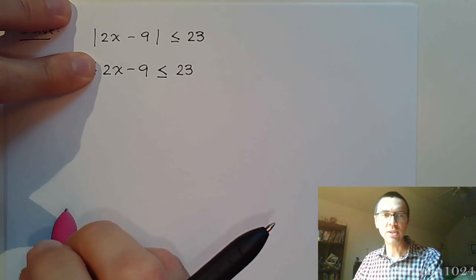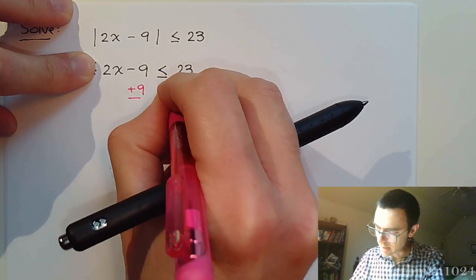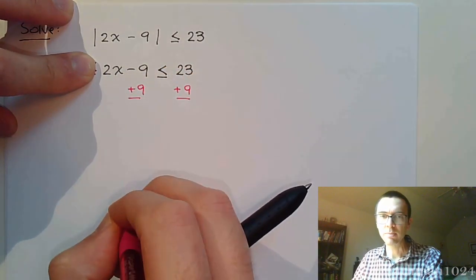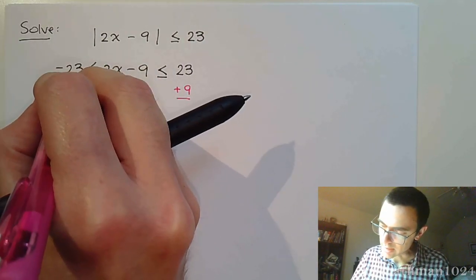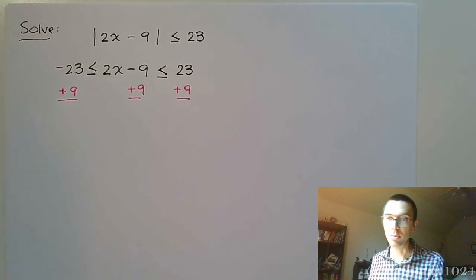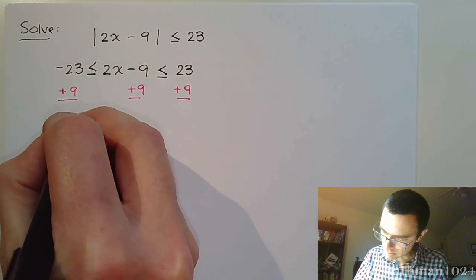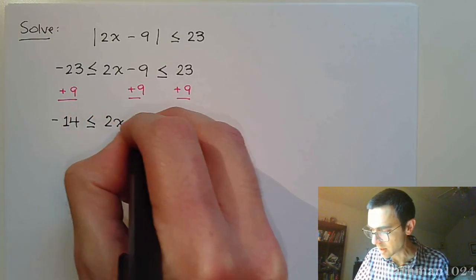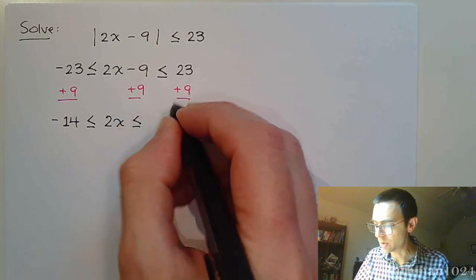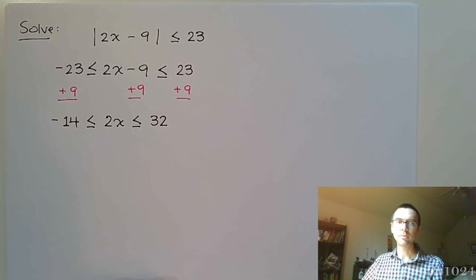If I just look at this and I say solve this, you would add 9 to both sides. But since you have 3 parts to the inequality, you have to add 9 to all 3 parts. So we get negative 14 is less than or equal to 2x, which is less than or equal to 23 plus 9, which is 32.